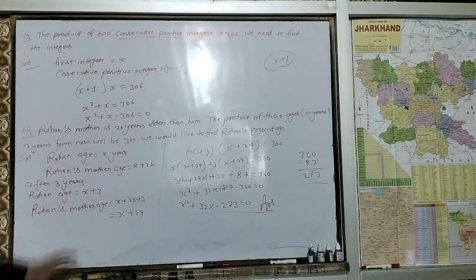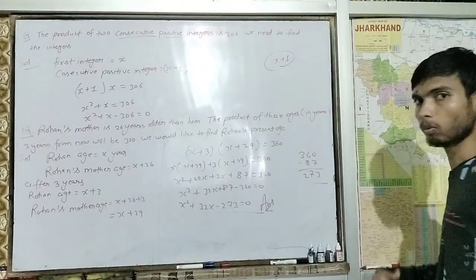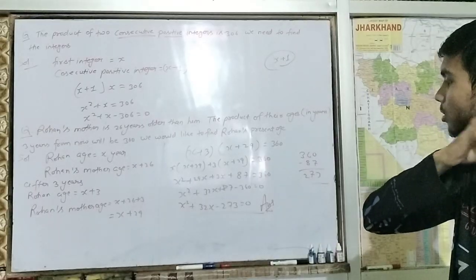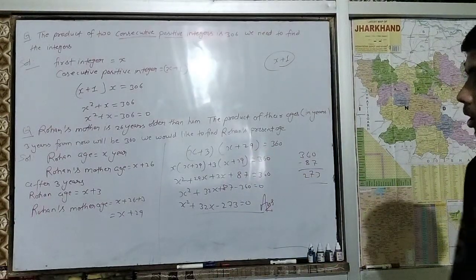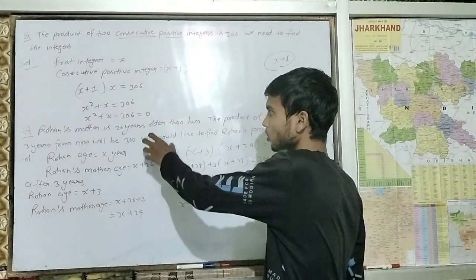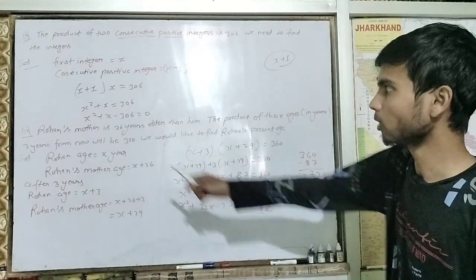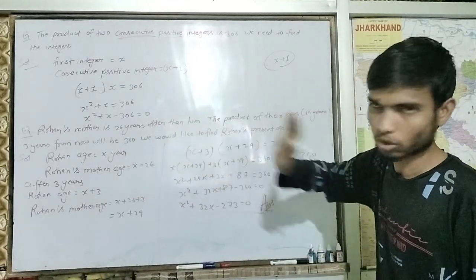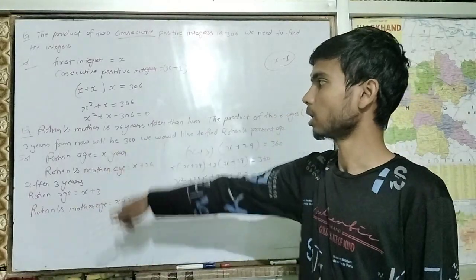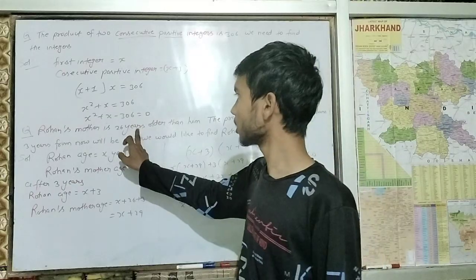Here understanding will matter. Whatever we are understanding, look at over here. We know that Rohan's mother is 26 years older than him. We don't know the age of Rohan, so we took x as the variable for his age.